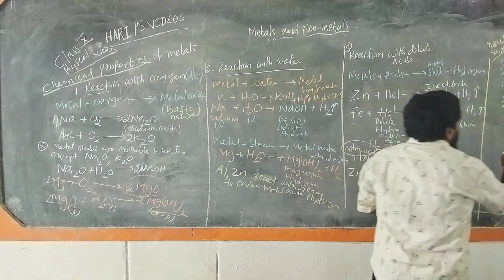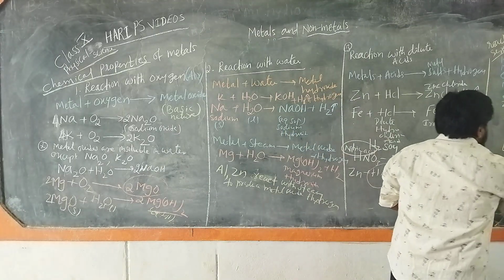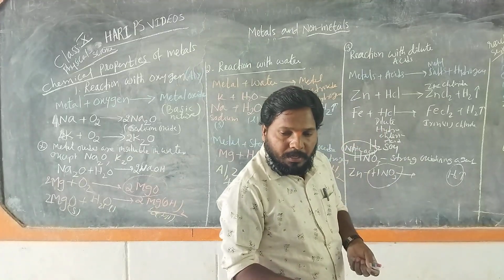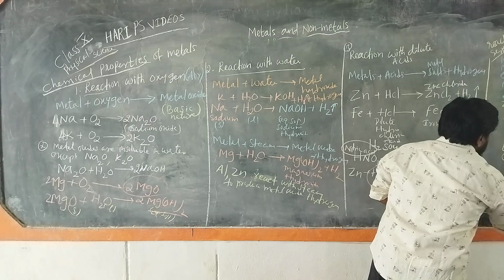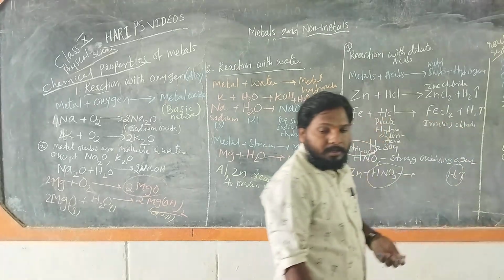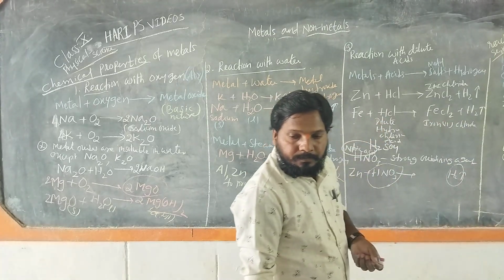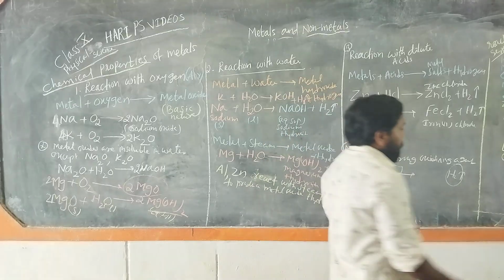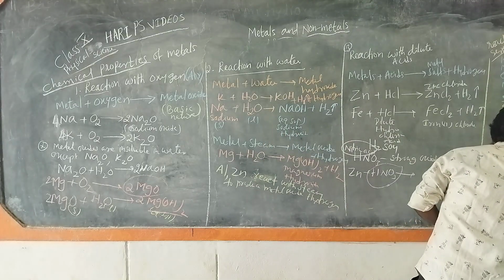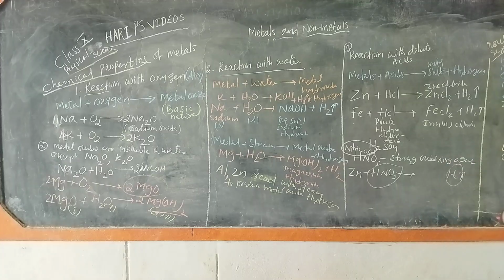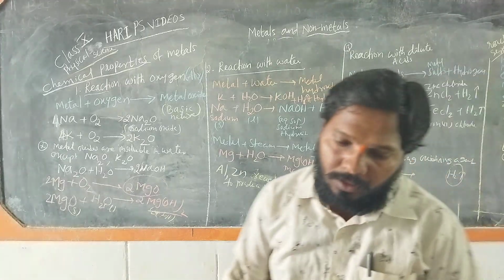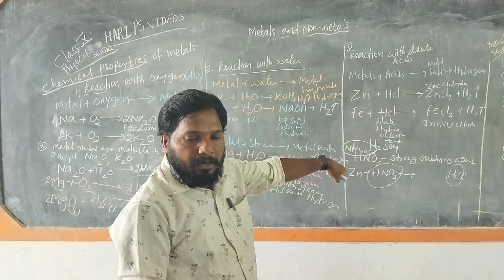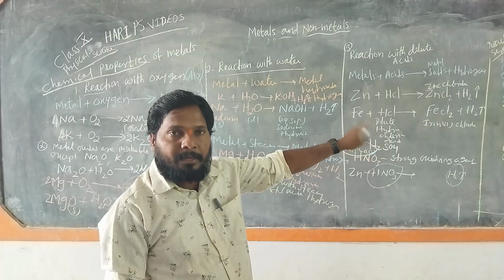Then after that we have hydrogen, then copper, mercury, silver, gold. So this is the reactivity series of metals.